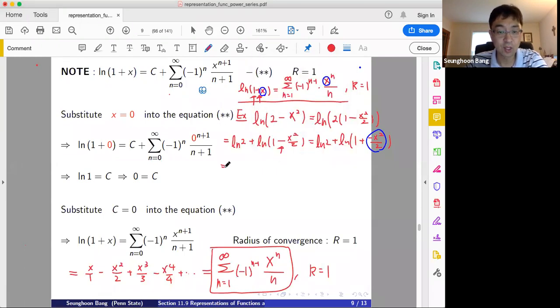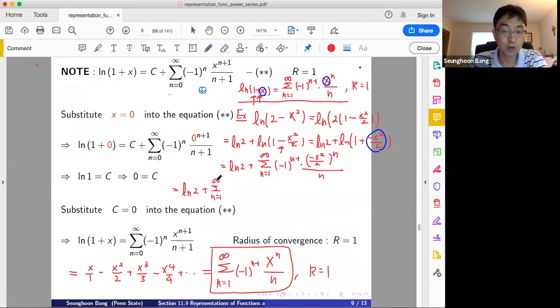It's the same as keeping ln of 2 plus the summation n equal to 1 to infinity of minus 1 to the power n minus 1 times negative x squared over 2, to the power n, over n. So this is the same as ln of 2 plus the summation n equal to 1 to infinity of minus 1 to the power n minus 1.